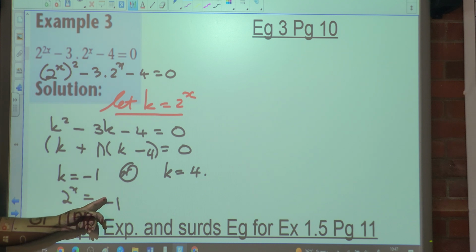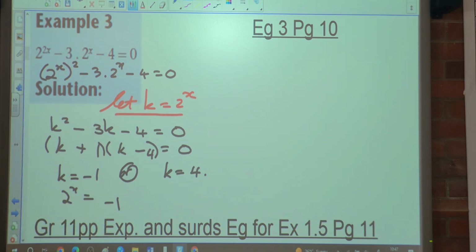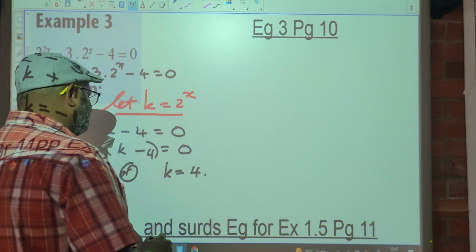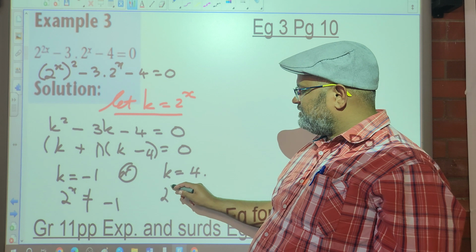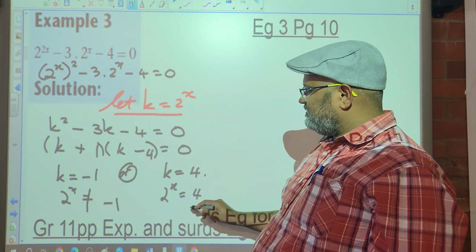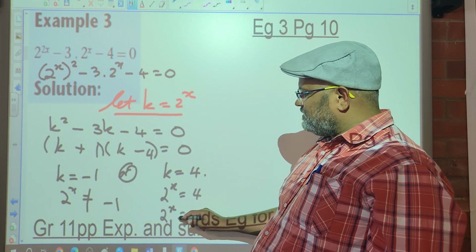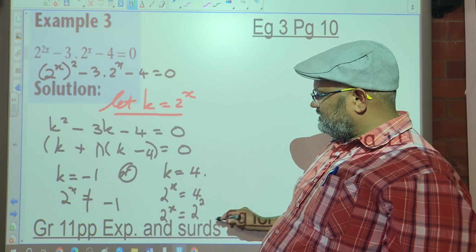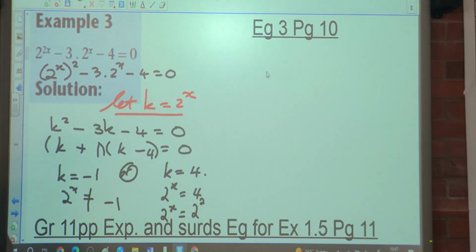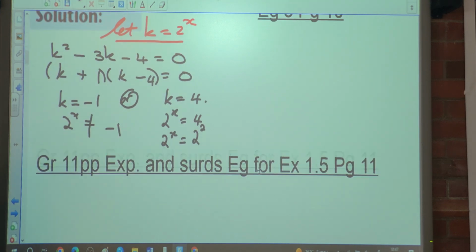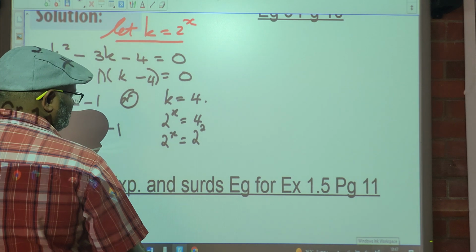There's no way I can write negative 1 as a base of 2. So there's no solution here. You just put a line there. And if k is equal to 4, what is k? 2 to the x is equal to 4. So 2 to the x is equal to 2 squared. Therefore x is equal to? These bases are the same, so the exponents are?